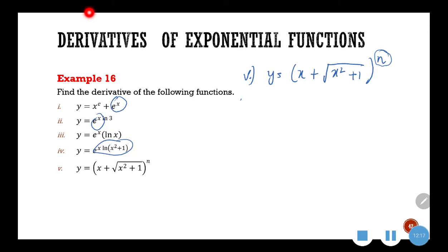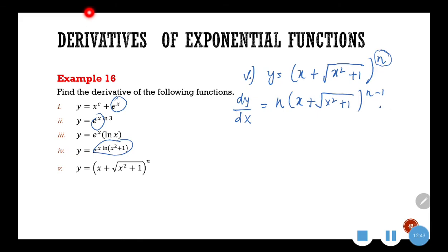So tak ada masalah lah yang ni, tak payah nak guna ln tu. So what you need to do, just bring down the power, copy whatever inside you have, square root of x squared plus 1, and the power you may reduce by 1. And ni macam kuasa 2, kuasa 3, but now we put it as variable, kita kata n. But that n constant tu, dia independent of x, so nothing to do with x.